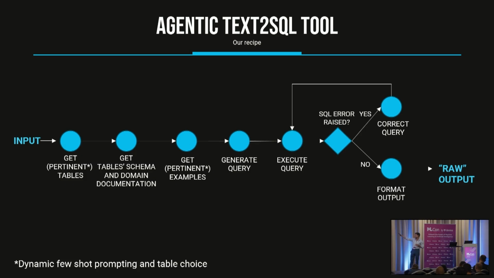If errors are raised, then we leverage the stack trace and ask the model to correct the query itself, and again, rerun the execute step until we're satisfied, and we decide if we want to format the output or pass the raw output from the database to the original model who called this tool. Remember, this is a tool.